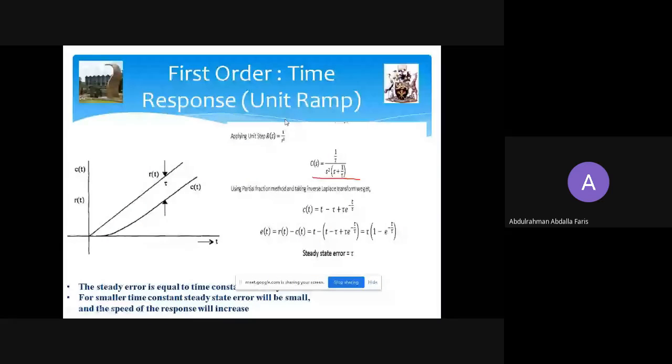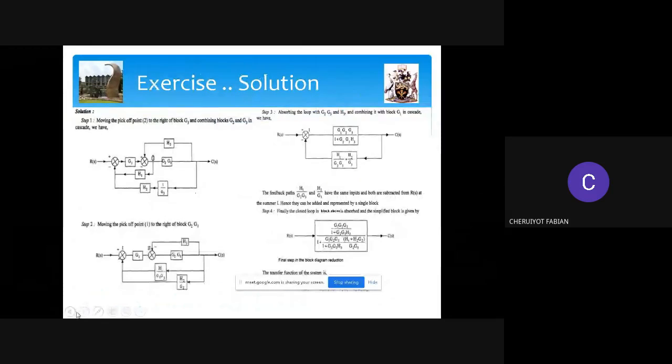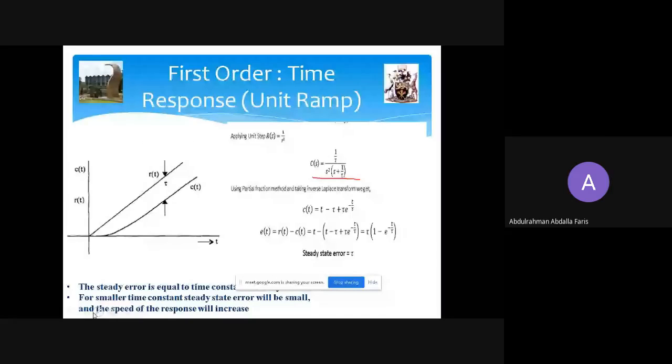So next thing we need to do is apply a unit ramp. So this actually needs to read unit ramp, not step. Sorry. Unit ramp. So we need to apply unit ramp, which is 1 over s squared, using the partial fraction method.